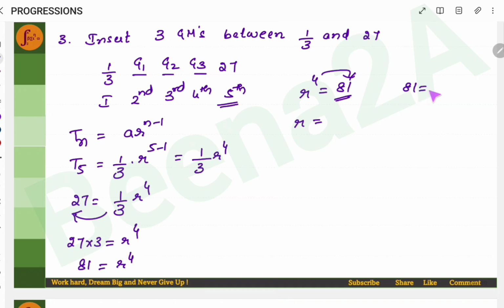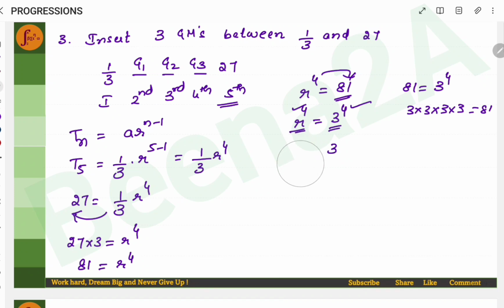So we can write 81 as 3 to the power 4, because 3 into 3 into 3 into 3 is 81. Since the powers are the same, the base also has to be the same. So from this we can infer that r is equal to 3.